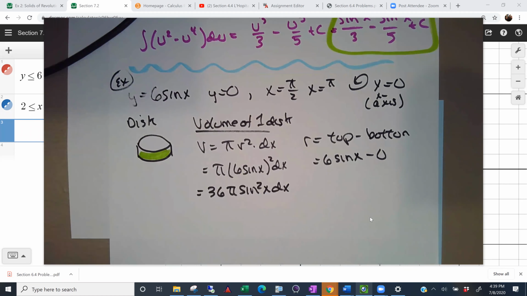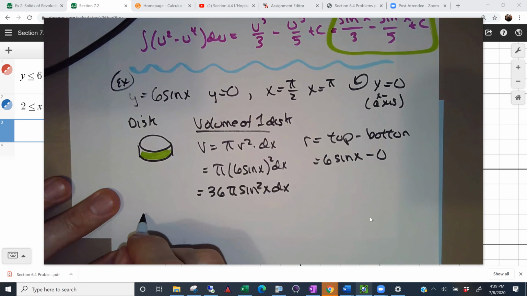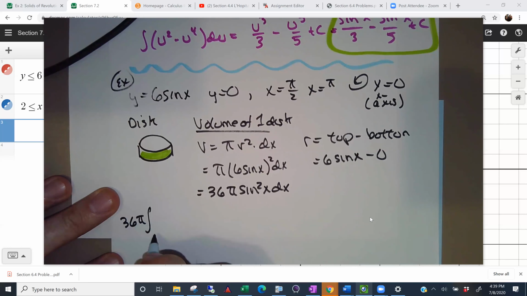And now, trying to find the volume of this thing, I've got to integrate. I'll take the 36 pi out in front, sine squared of x dx.